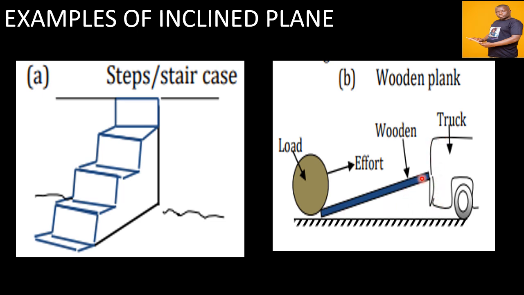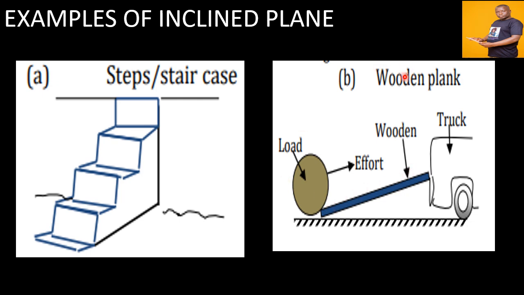So all you have to do is arrange some wooden planks, all right, and then push the object you intend to load into the truck. So this again is an example of an inclined plane.